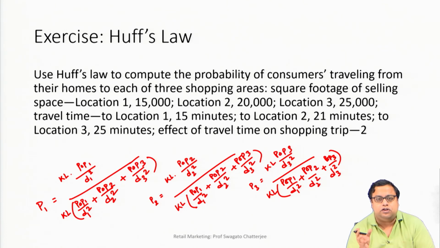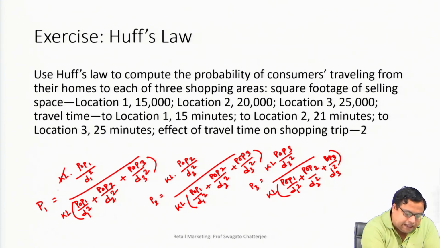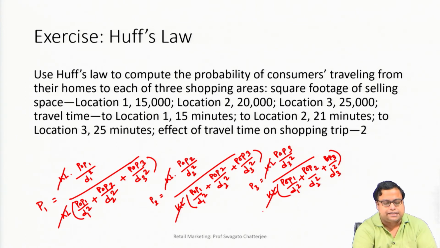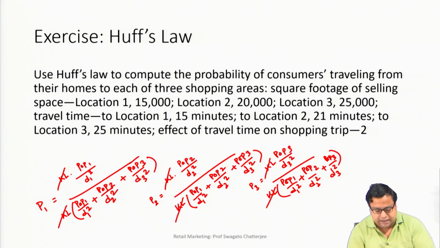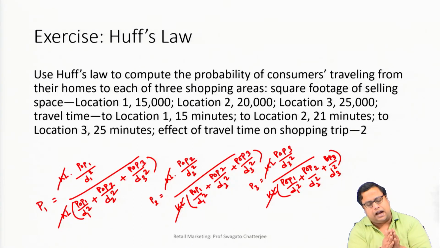It is almost like what we do in logistic regression, if you know. So, the utility at the top is divided by the utility of the different options at the bottom. Now, KL will cancel out. That is why I said this L will ultimately not matter, because it will cancel out and this will ultimately be a proportion analysis of only the population and distance.